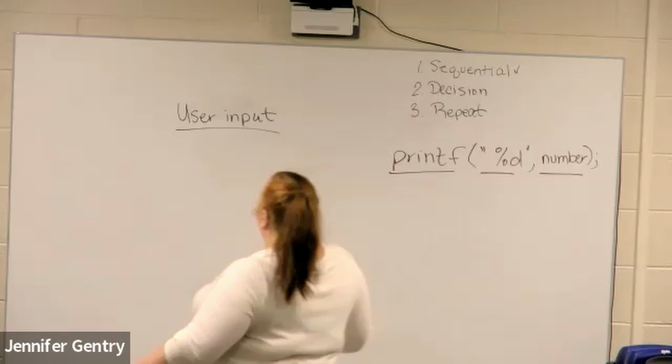So if I declare int i at the top and I come into my for loop, let's say I want to do something from 0 to 5. I want to print the number. That's just going to be my statement here.